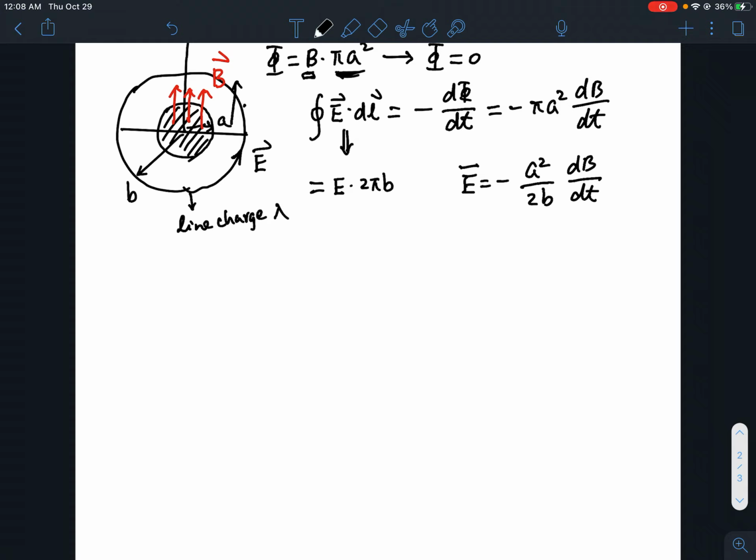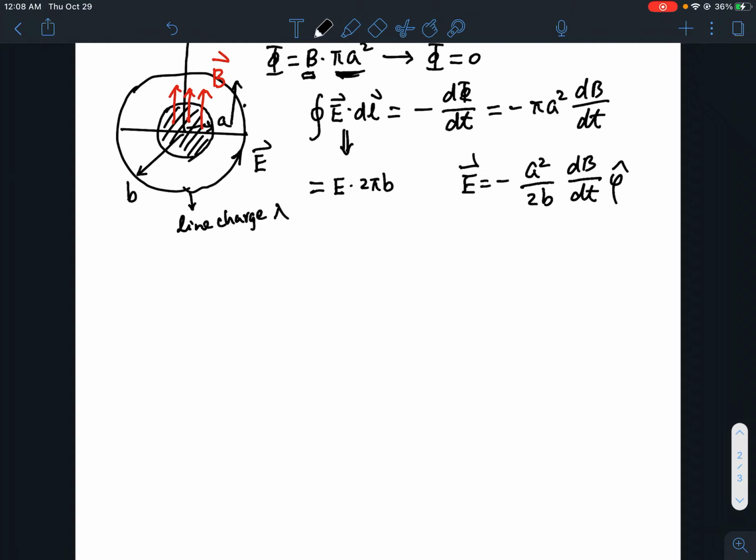And we also found the direction, as I said, it should be anticlockwise, so it points along the phi hat direction. So this is the electric field that is created.